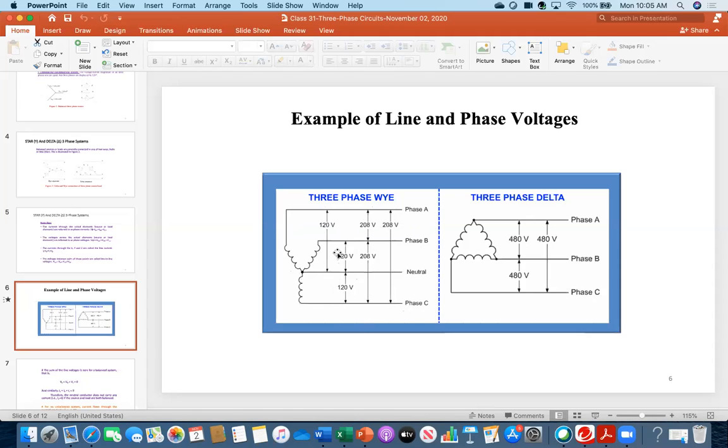But once I am measuring just phase to neutral, everybody say, phase A to neutral, 120. Phase B to neutral, 120. You see, phase C to neutral, 120 volt. Everybody, do you understand what I'm saying?